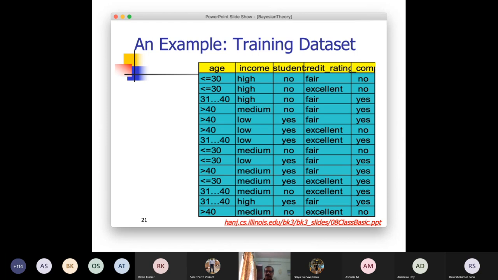This example is simple, that's why I'm presenting it, but I will present it quickly because it's not very difficult to understand. You can see there is a training data set shown in this table, and some of the variable names are not very clear because of the size.